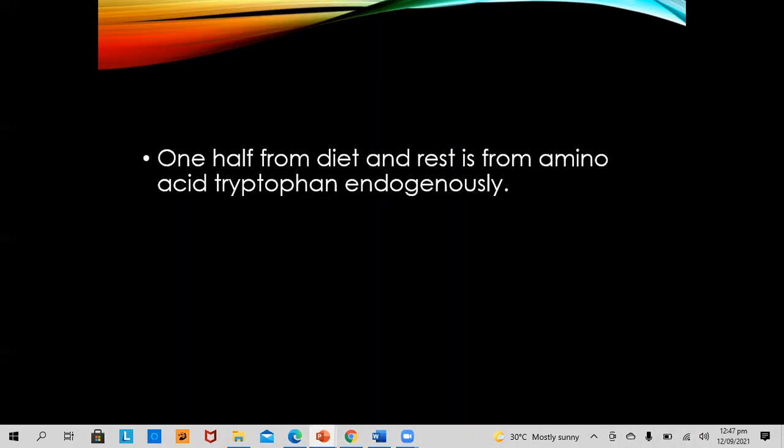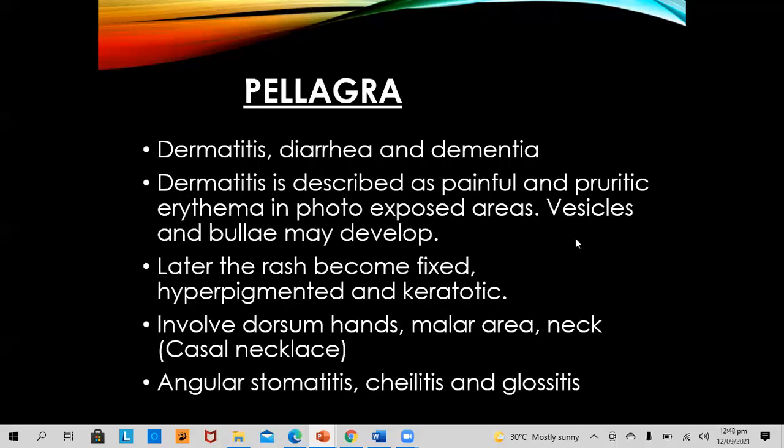Only half is from the diet, and the rest of the niacin is from the amino acid tryptophan endogenously. Pellagra is the disease that results from deficiency of niacin or vitamin B3. There are three manifestations of pellagra: dermatitis, diarrhea, and dementia.